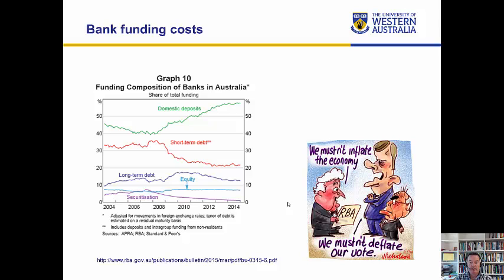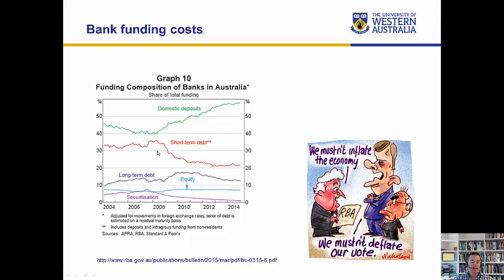Now, if that's the case, then this move by Australian banks away from short-term debt and towards long-term debt is quite interesting. It's definitely a more secure thing to do. In terms of the long-term viability of the company, in terms of the risk management of the company, moving towards long-term debt is a sensible thing to do just after a financial crisis.